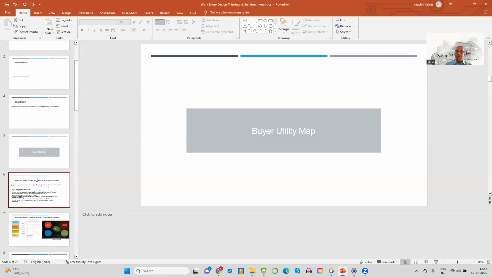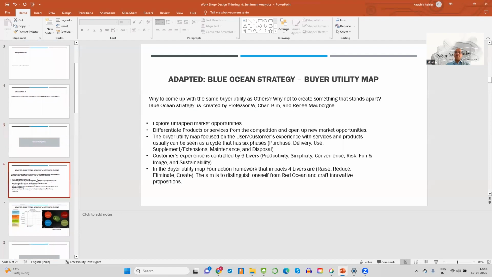which is a part of the design thinking toolkit. So what is the buyer utility map? The buyer utility map comes with Blue Ocean strategy, which was developed by Professor W. Chan Kim and Renee Mauborgne. It explores untapped market opportunities.